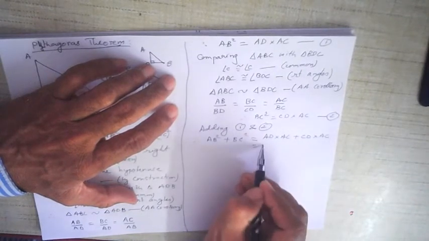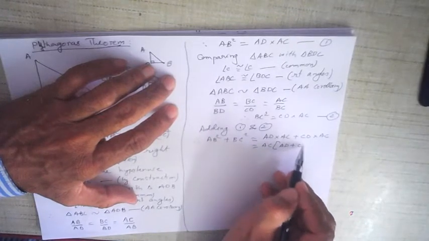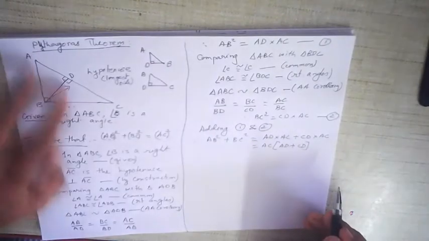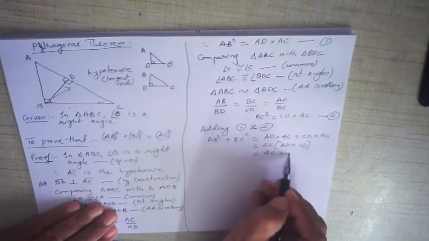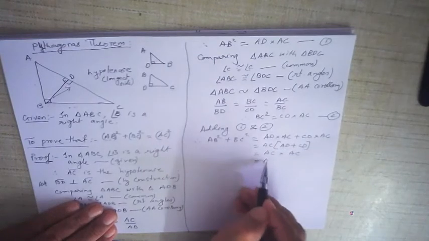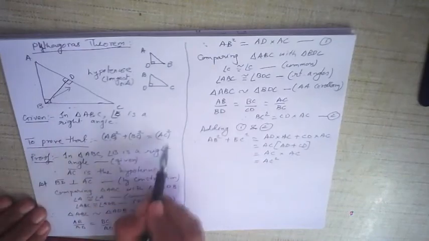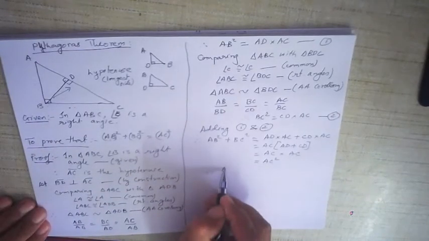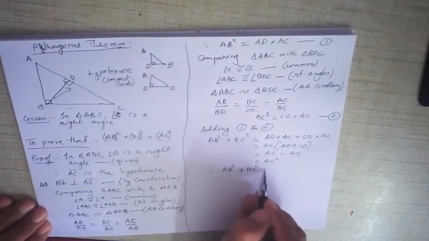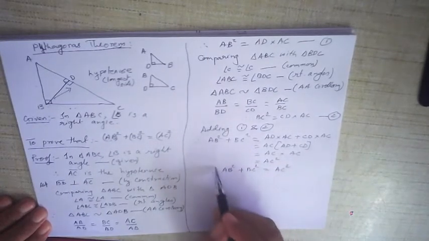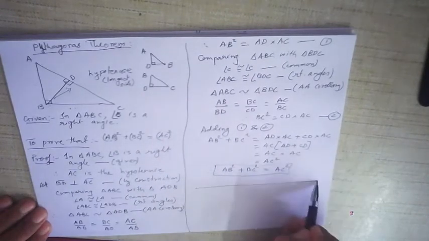Now if I take AC common, then in bracket I get AD plus CD. Now look at AD plus CD: AD plus CD is AC. So I get AC multiplied by AC, that is equal to AC square. So AB square plus BC square is equal to AC square. That is what we wanted to prove. There you go, this is Pythagoras theorem.